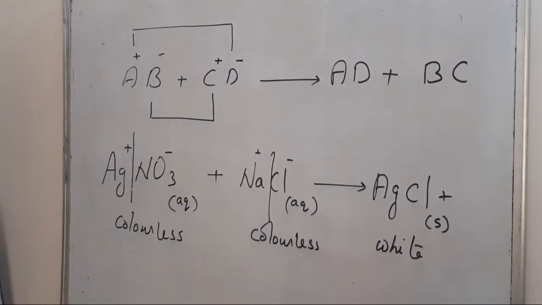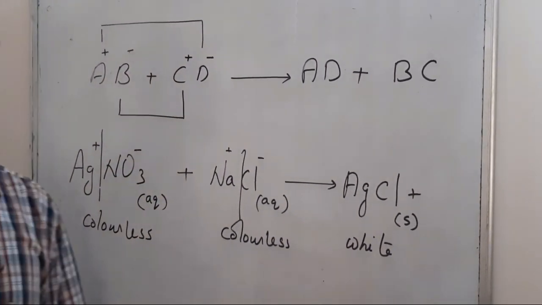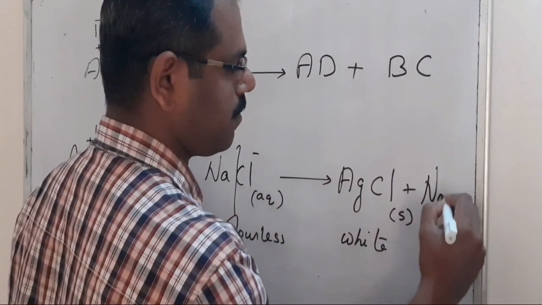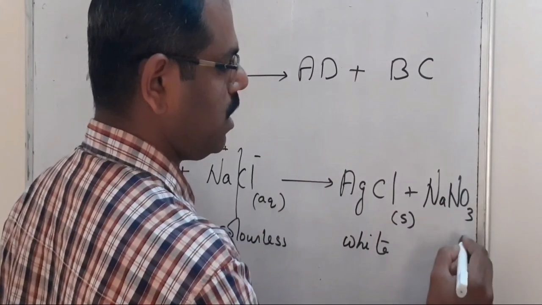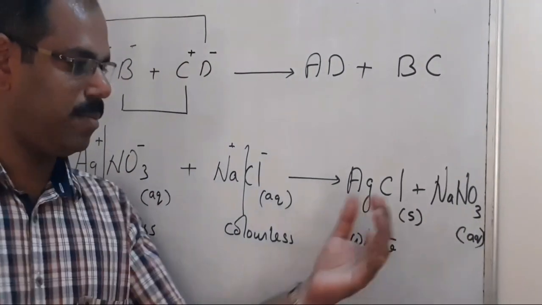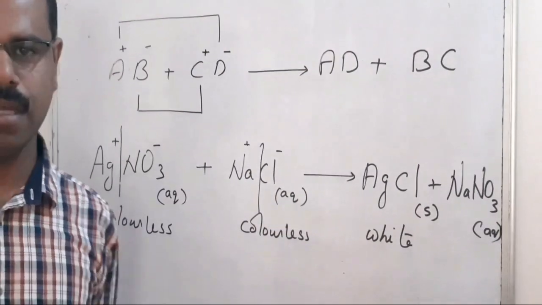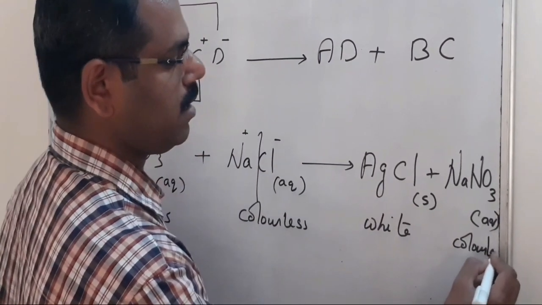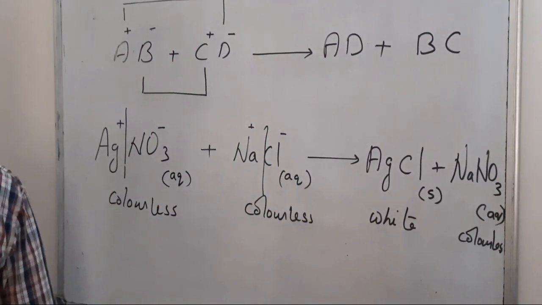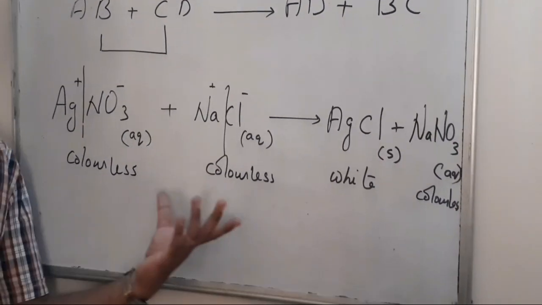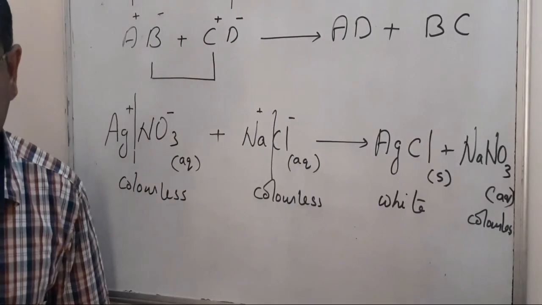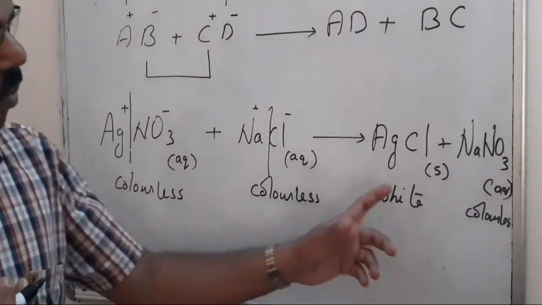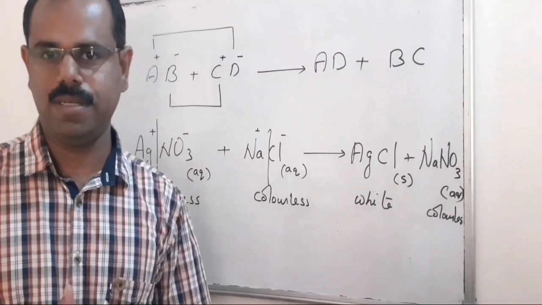Sodium with the nitrate, called sodium nitrate, NaNO3, in the aqueous form. One product is in the solid form and another is in the aqueous form, which is colorless. So what is our observation? When two colorless ionic compounds react with each other, we get a white solid, a white precipitate.